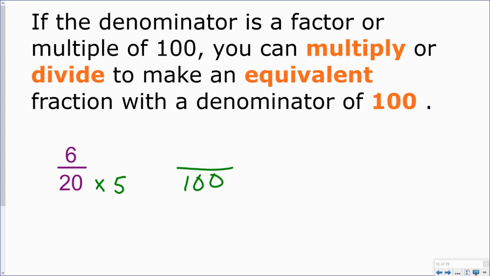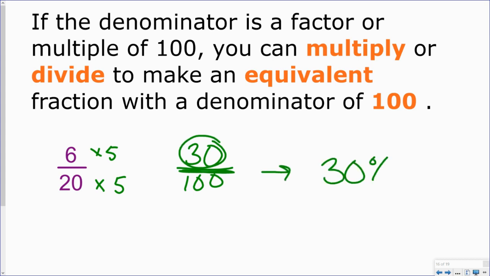If I multiply that by 5, then I need to multiply this by 5, and 6 times 5 is 30. And I know that 30 per 100 is the same as 30%. So 6/20 as a percent would be 30%.